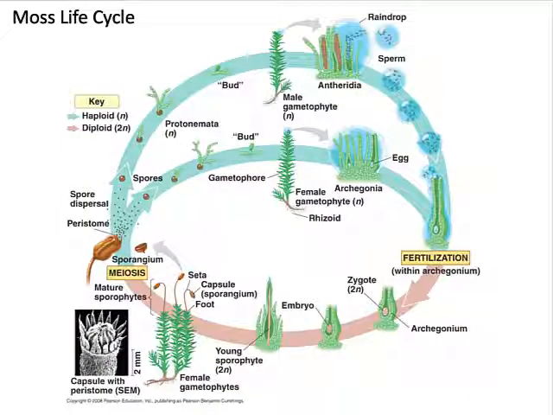In this life cycle, it shows us the relationship between the gametophyte generation and the sporophyte generation. And remember, in all of the bryophytes, the sporophyte completely is dependent upon the gametophyte because these organisms are gametophyte dominant and they require water for fertilization.